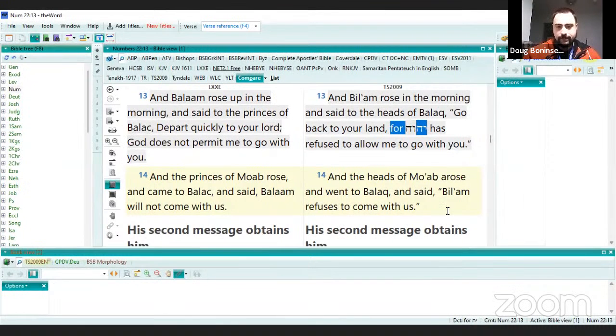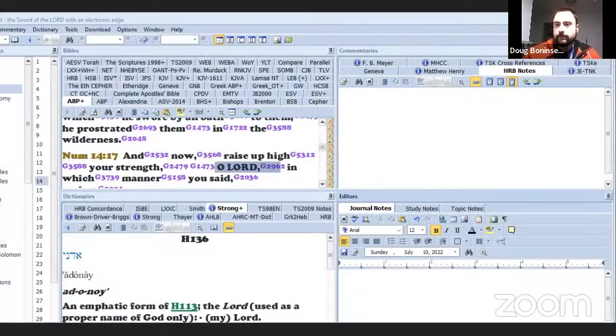Let me go to the Strong's. I have a feeling the ISR is trying to fix the error of the Masoretic text here. Let me show you what I'm talking about. Whoops! Why the heck did it do that? I'm trying to just move this taskbar and it does that. I don't know why it did that. Oh, gosh. All right, sorry about that. Numbers 22:13.